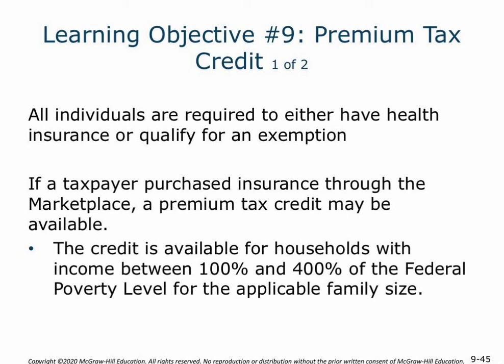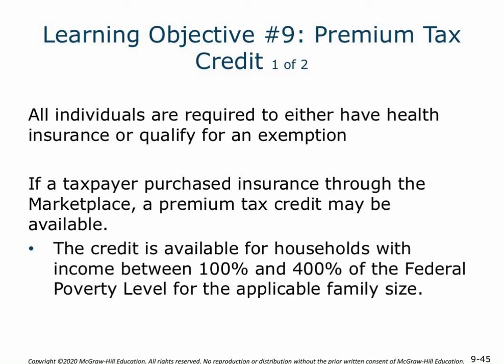Learning objective 9, the premium tax credit. What this is in regards to is premium tax credits that can be taken at the time of filing, or spaced out during premium payments for health insurance purchased through the marketplace under the Affordable Care Act.